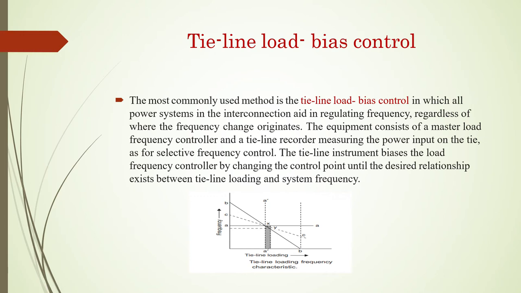Okay, governor characteristics we have seen just now. AA represents the constant frequency characteristics. If the station is trying to maintain constant frequency, tie line load changes would vary over wide limits, whereas if it were working along A dash, tie line load would be held constant regardless of the frequency.